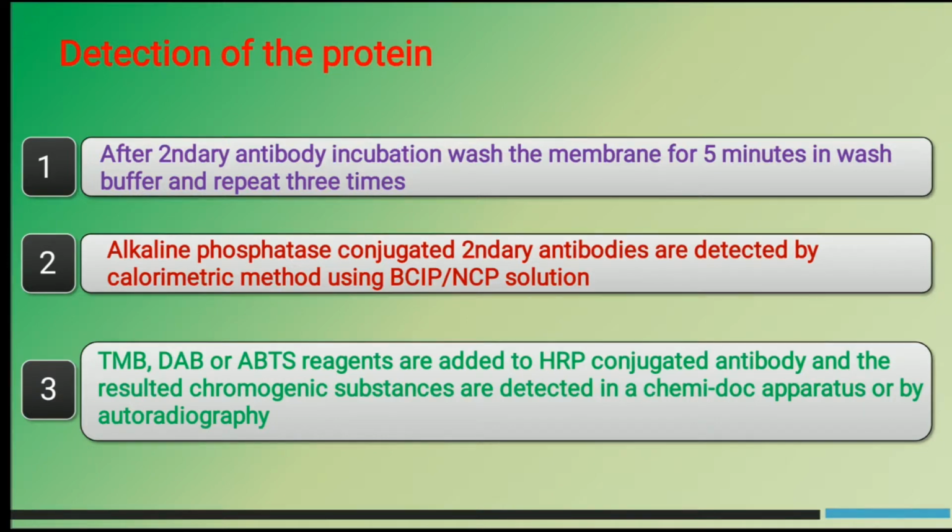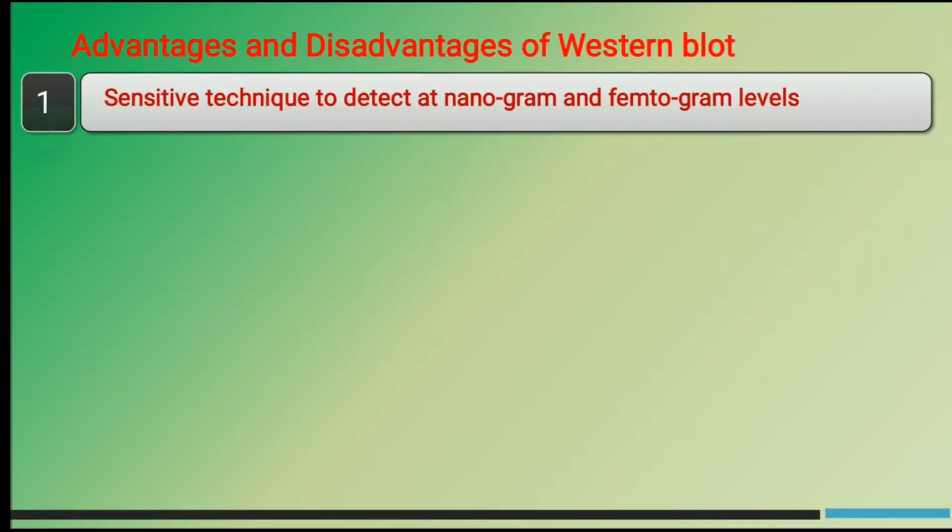If the secondary antibody is conjugated with horseradish peroxidase, commonly known as HRP, then reagents such as TMB, DAB or ABTS are used, and the resulting chromogenic substances are detected in a chemidoc apparatus or by autoradiography.